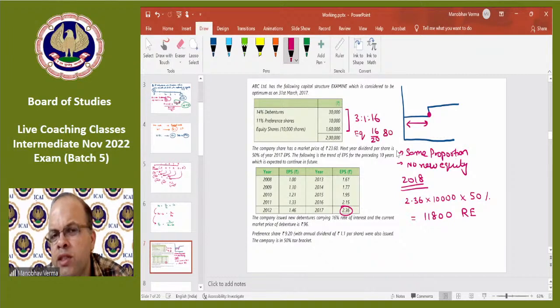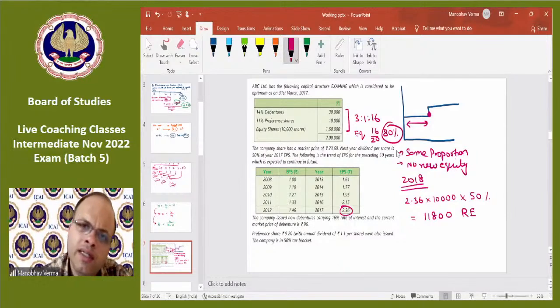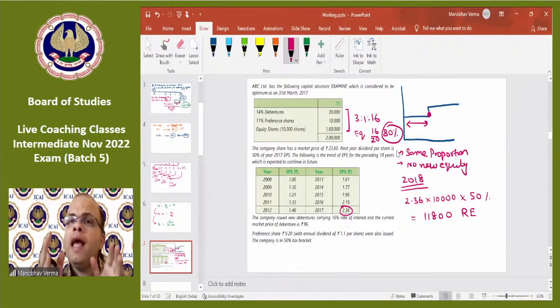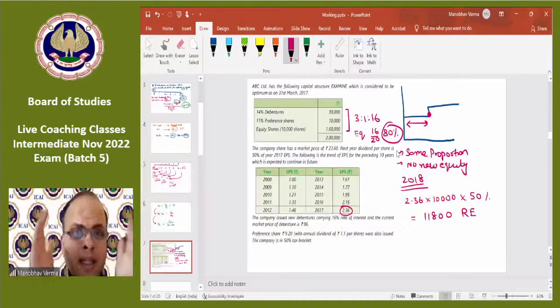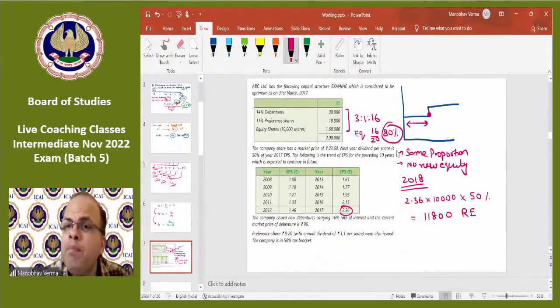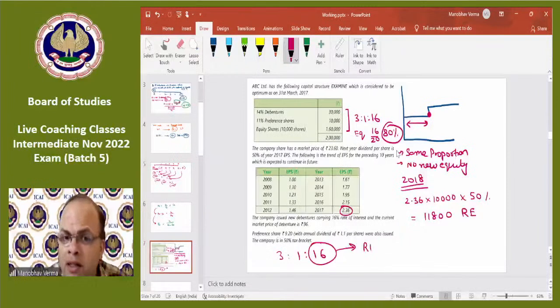That is 80%. This is 80%, guys. So that means if I have to carry on the same proportion of capital structure, please try to understand, I'm not changing my capital proportion. 3:1:16, and the equity is coming in from retained earnings.